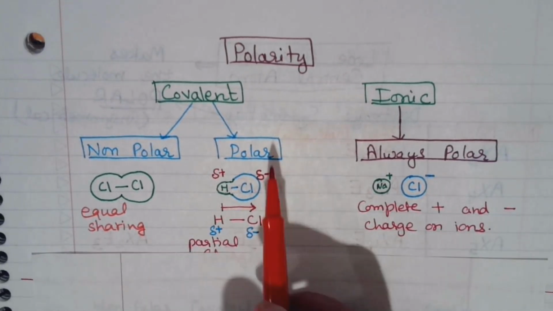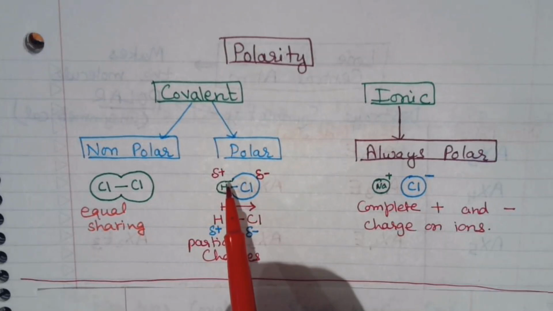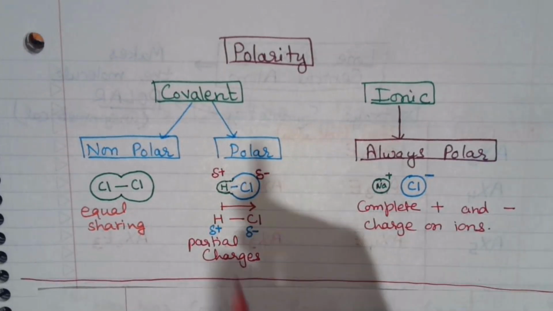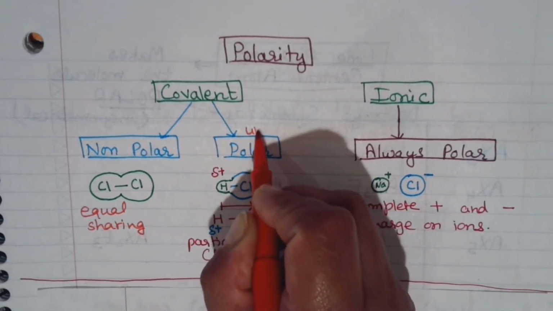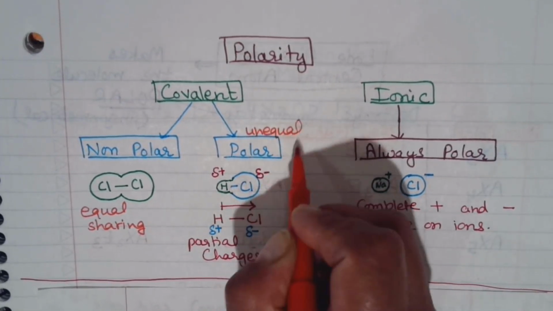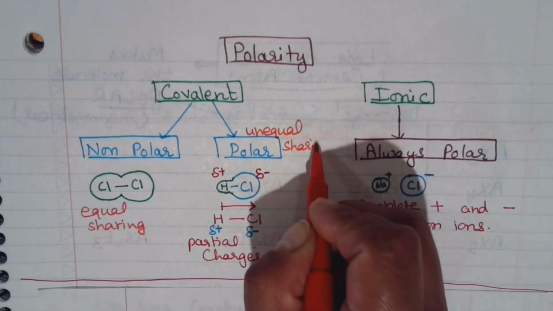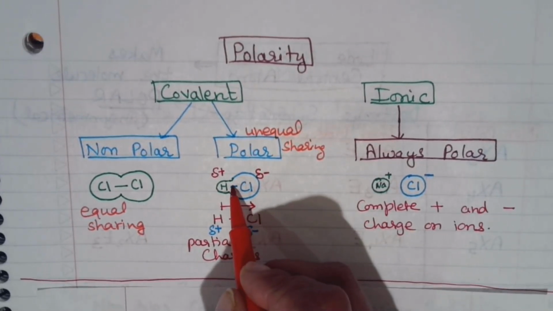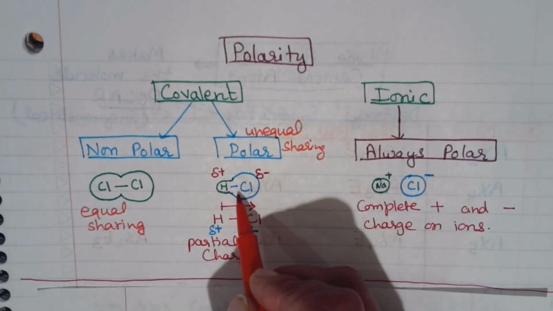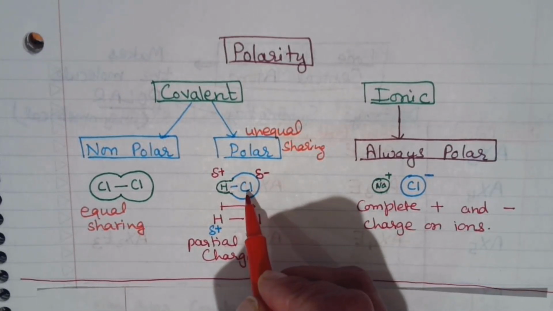Whereas in polar covalent molecules, the sharing is unequal. So this is unequal sharing. This bond lies closer to the more electronegative element, which is chlorine.